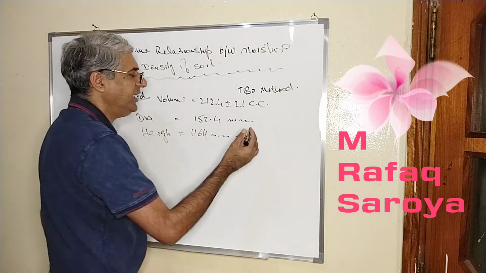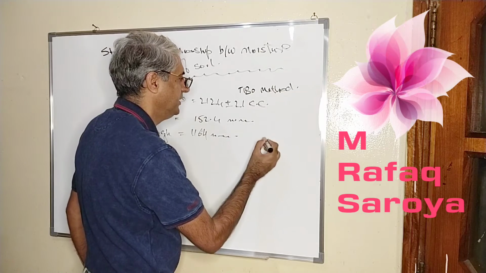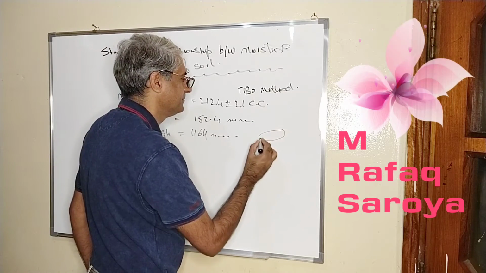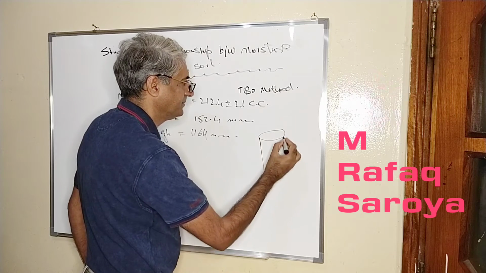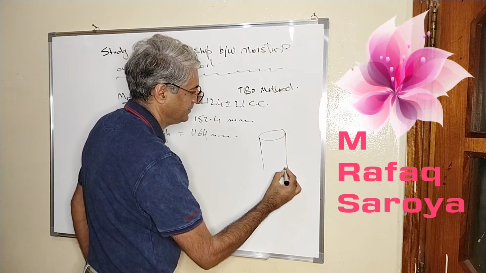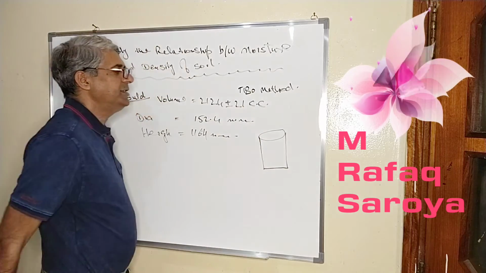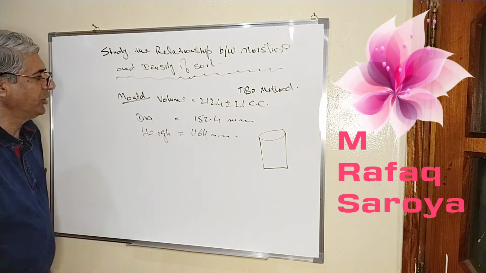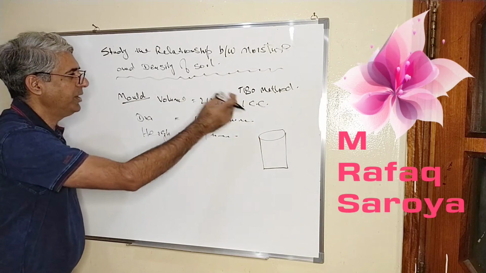It is in exact cylindrical form, although I will try to draw it. This is our mold. It is in exact cylindrical form as I have drawn over here, and these characteristics belong to this one.